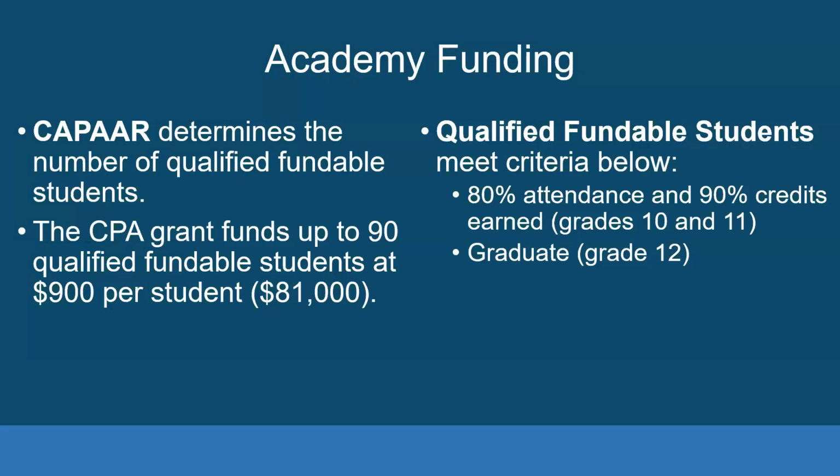The way that's broken down is each fundable student receives $900. A fully funded academy, assuming roughly 30 students in 10th, 30 in 11th, and 30 in 12th grade, will make you fully funded. Not every academy is fully funded. You might be in years 1 or 2 of building out your program, but you can see your funding amount on that main page once you're inside of CAPAAR.